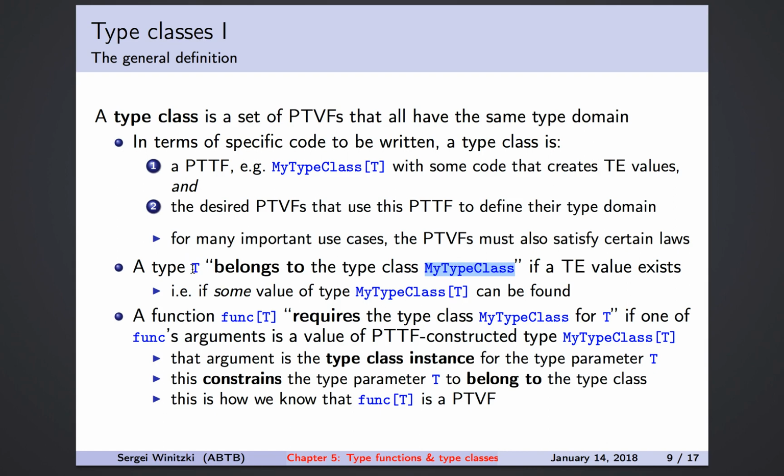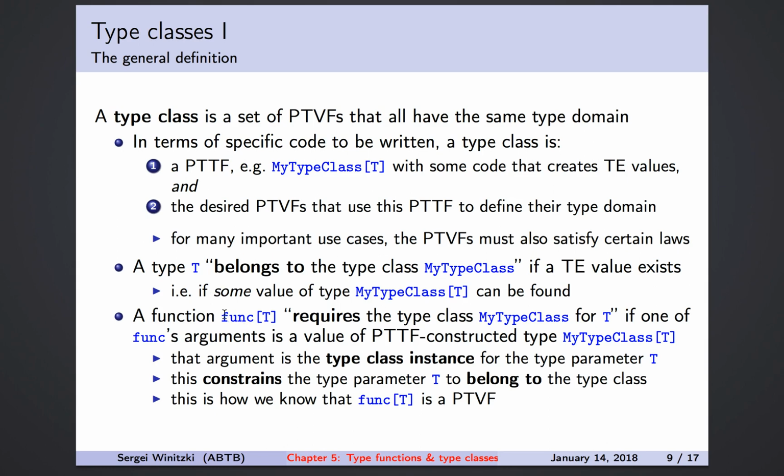So, for example, integer could be T, and then integer belongs to this if that type domain includes the integer, which means that there's a type evidence value of type my type class int. So if some value of this type can be found, then the type belongs to the type class. That's what it means when people say that.